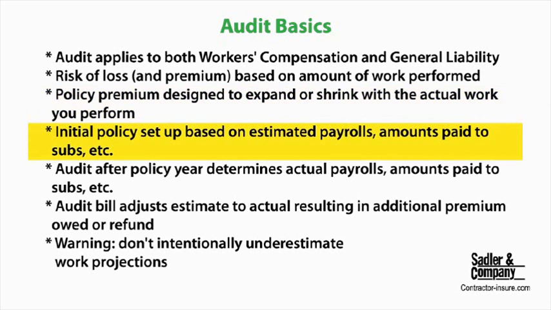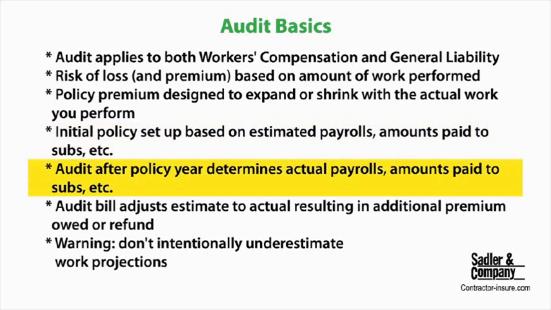When you meet with your insurance agent to either start a new policy or to get a renewal quote, he'll ask you to estimate your payrolls, amounts paid to uninsured subs, amounts paid to insured subs, and so forth. Based on your estimates, the agent provides a quote, and when you accept the quote, your policies are issued based on the work estimates that you provided.